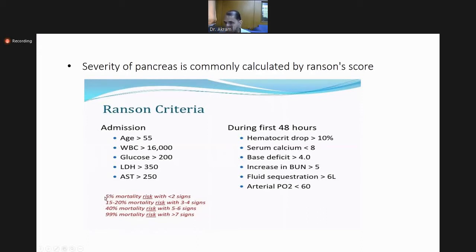In the West, where very good health facilities are available, it is much better than ours. So you can say that more than 50% can die when this Ransom is more than 6. तो हमारे मरीज के 50% चांसेस हैं मौत. तो ये आपको पता होना चाहिए.